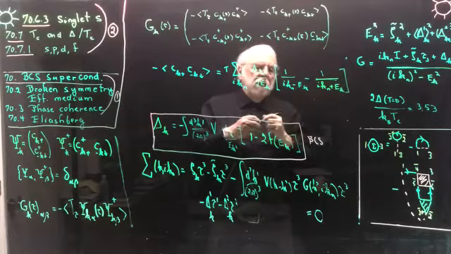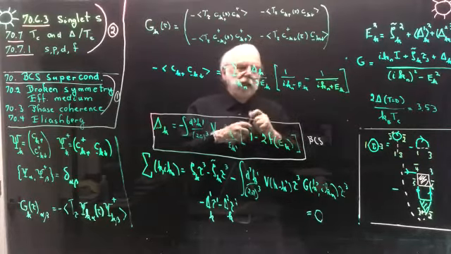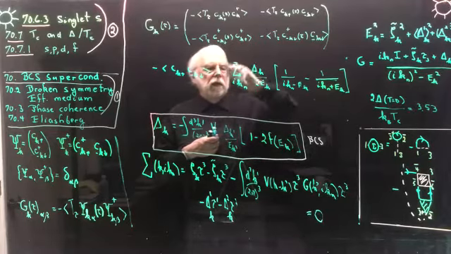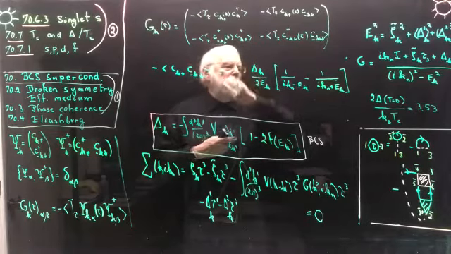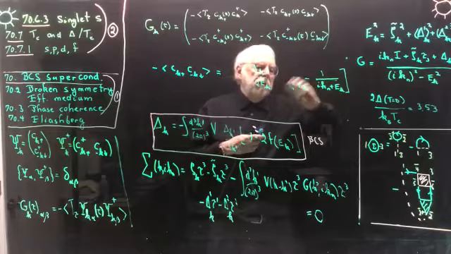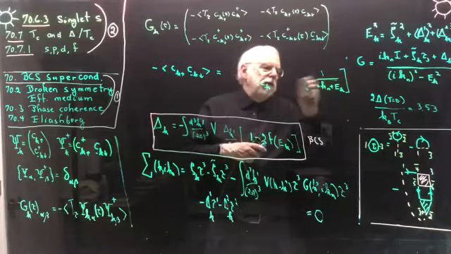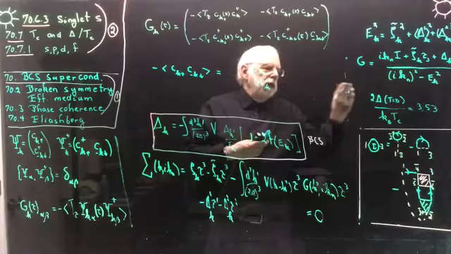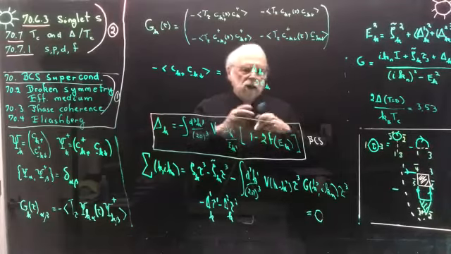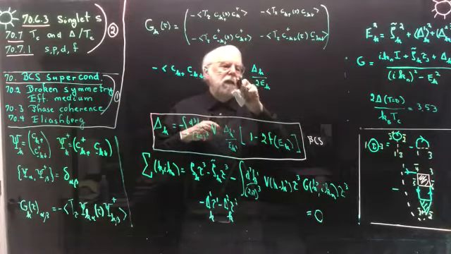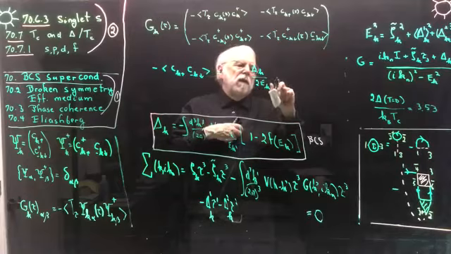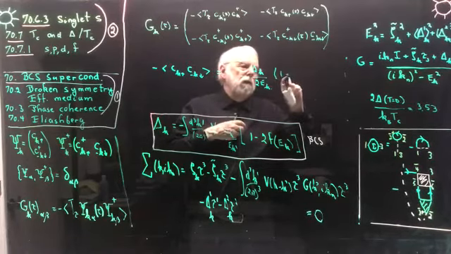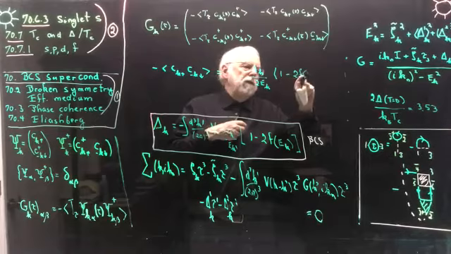Okay, and then when I do the sum over i k_n, just as before, this will become 1 minus 2f of E_k with a minus sign. Minus, and then I have 1 minus 2f of E_k.